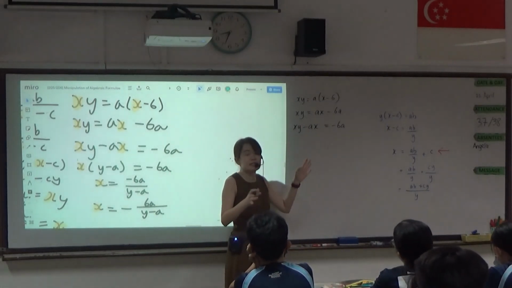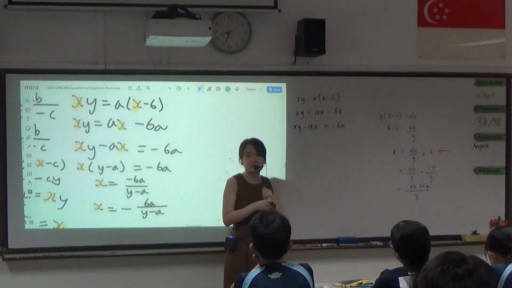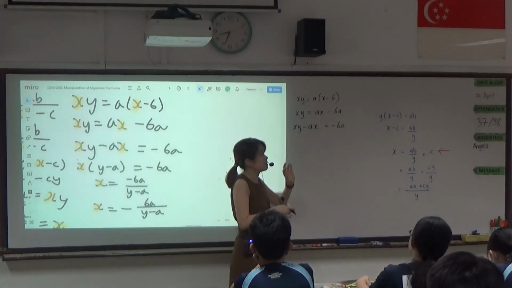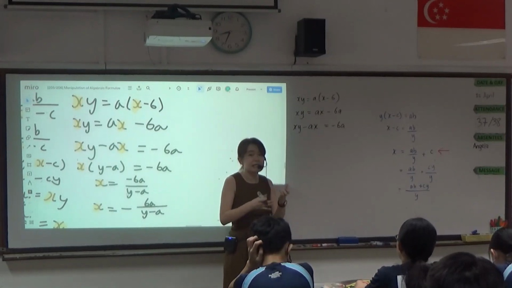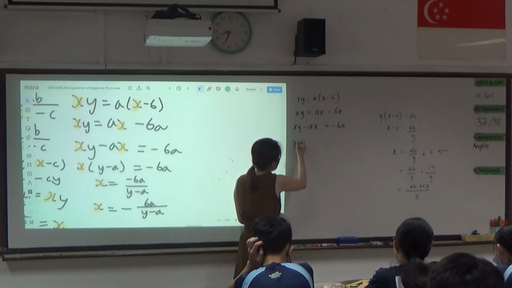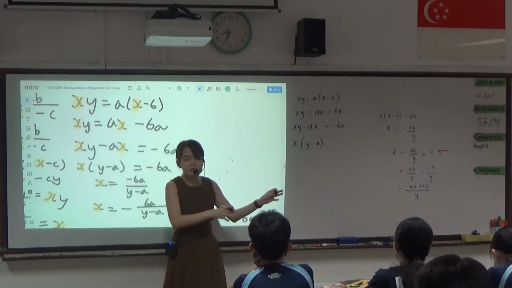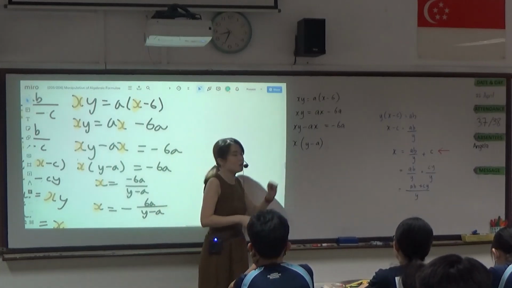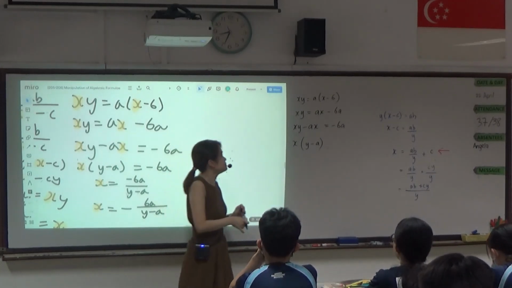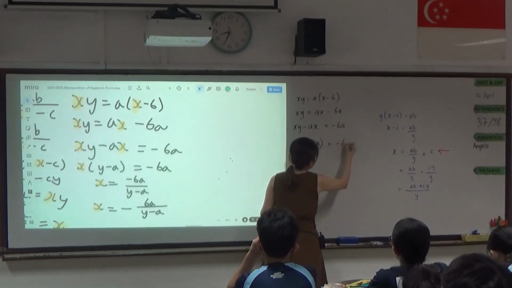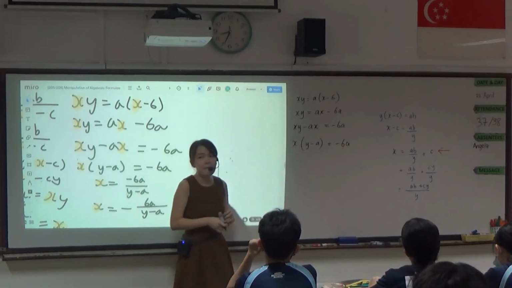How do we divorce this x away from the y and a? Factorize. So we factorize x out, and then we have y minus a together in another household inside these brackets, equals negative 6a.